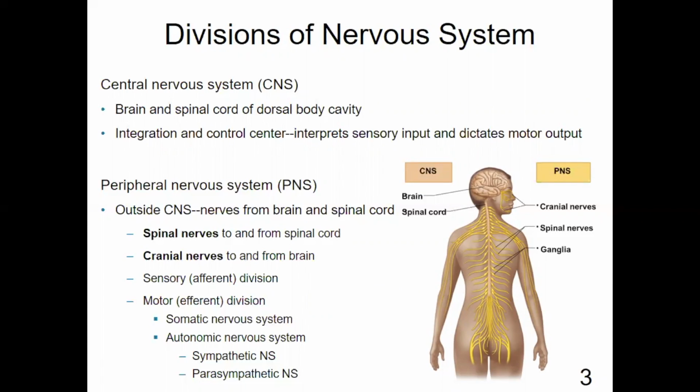The peripheral nervous system, or PNS, is basically everything outside of the brain and spinal cord. So the peripheral nervous system includes spinal nerves and cranial nerves. And we are going to look over the next couple of slides a little bit more closely at the sensory and motor divisions of the PNS.